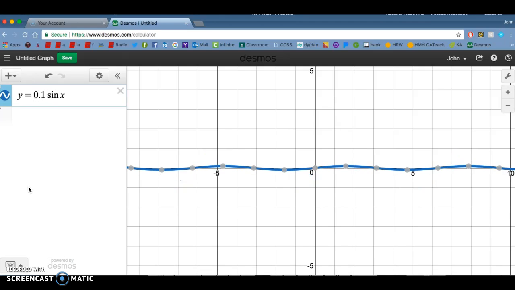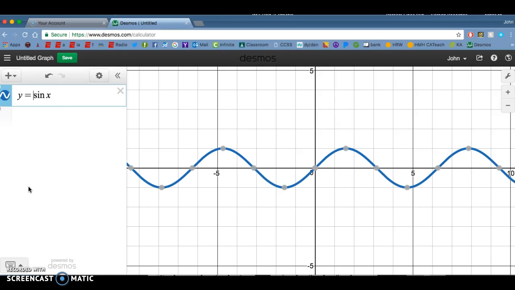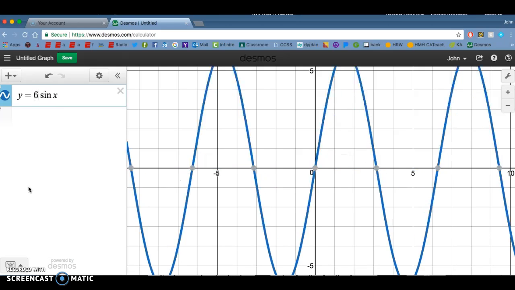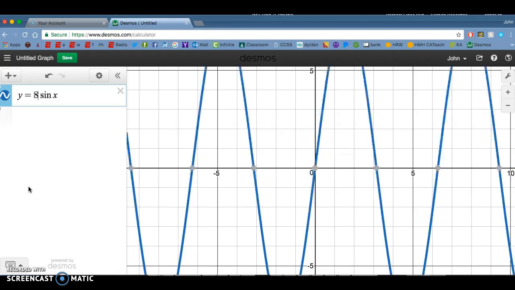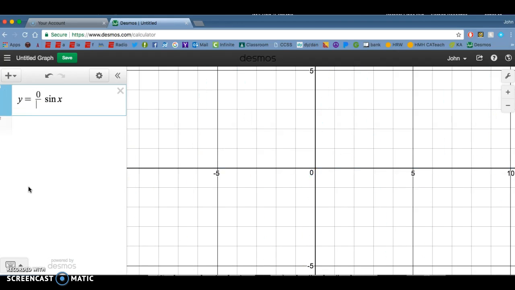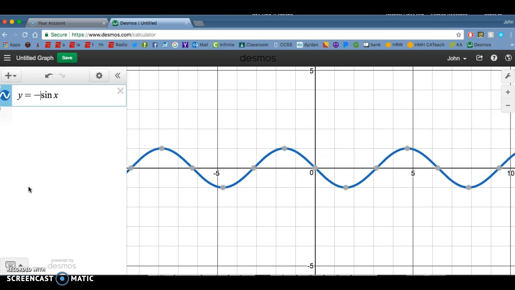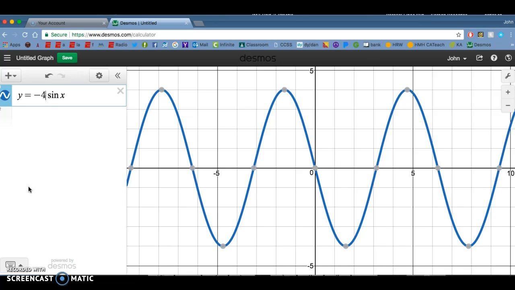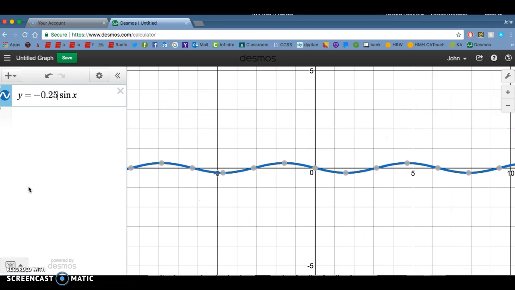We can make them larger, or we can make them smaller by using decimals. And of course, we can reflect it by using our negatives. We can make it larger and still smaller.